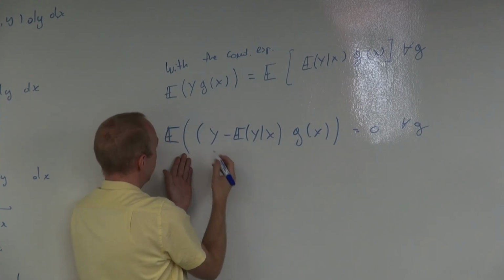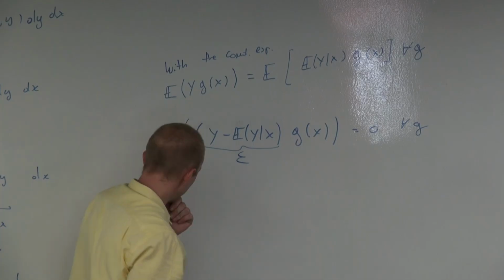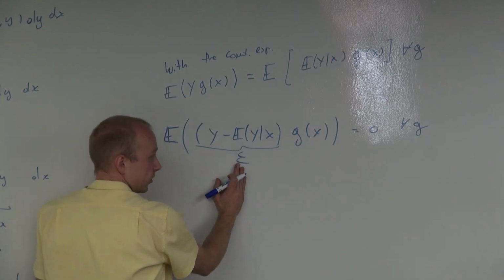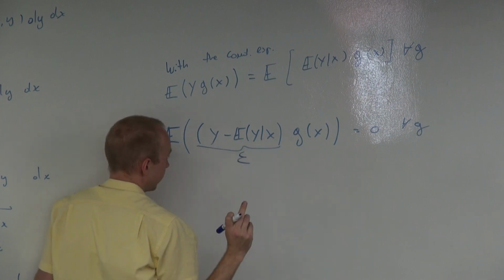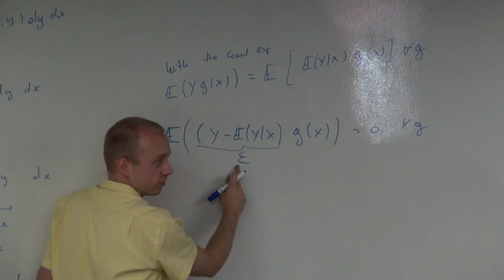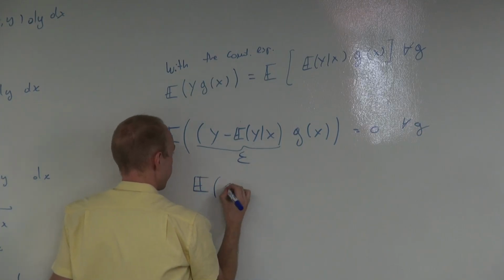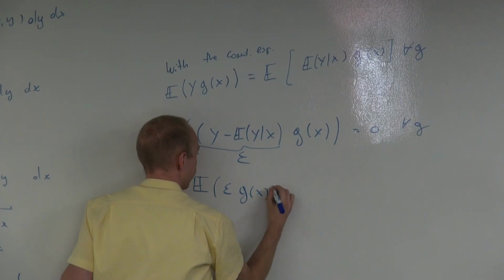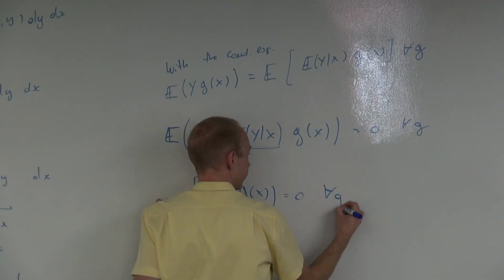Then call this epsilon. This is a random variable, a difference of random variables is a random variable, but I don't want to write a lot, so I write epsilon. So you have this for every g.